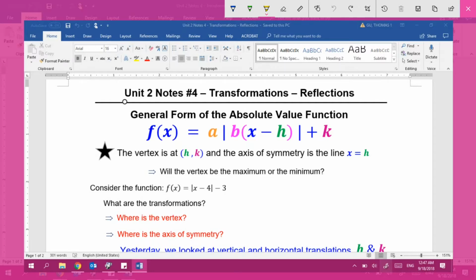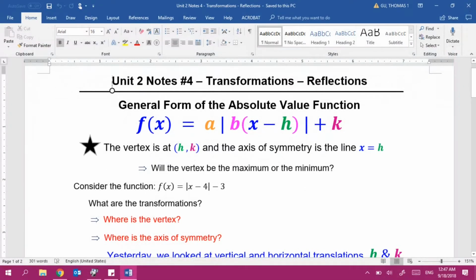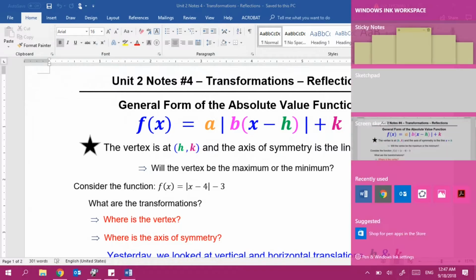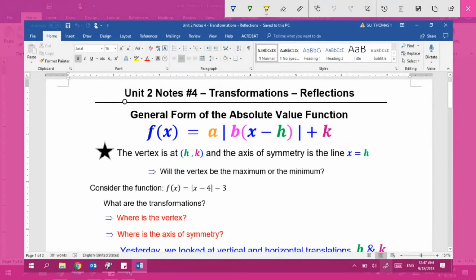So some key points about the absolute value function, though, is that the vertex is at h comma k. That is where the vertex is. Remember, the vertex is a point. And the axis of symmetry is the line x equals h. So, quick little quiz question.